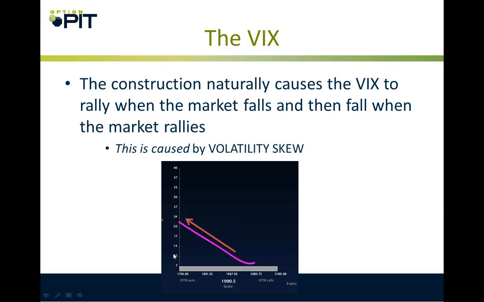What volatility skew is, is a representation of supply and demand in options. Think about it: the entire world is long stock. You've got firms like CalPERS and all these state pension funds who think if you're a short seller, you're evil.